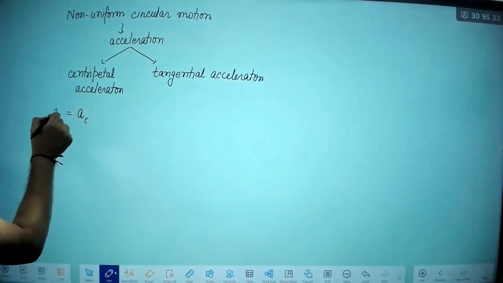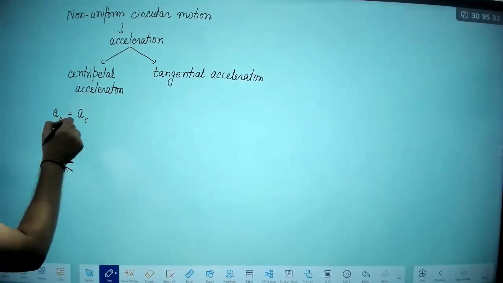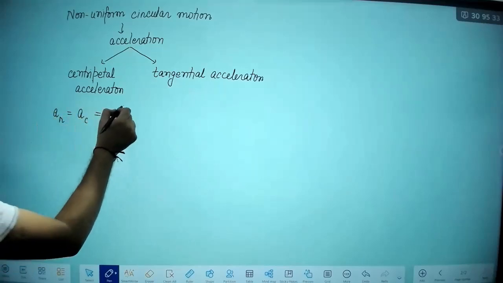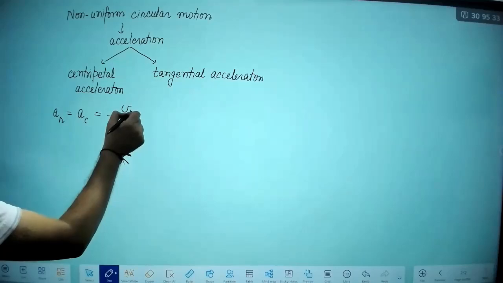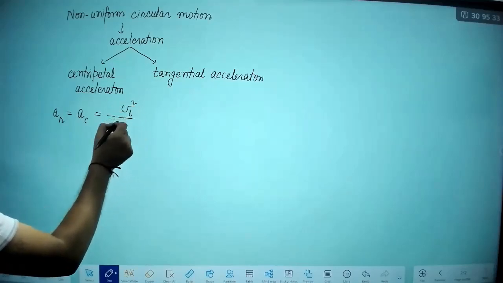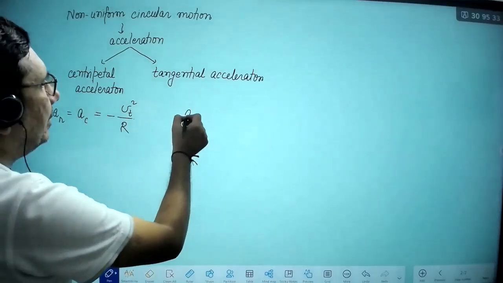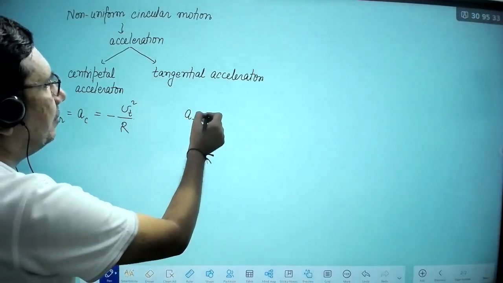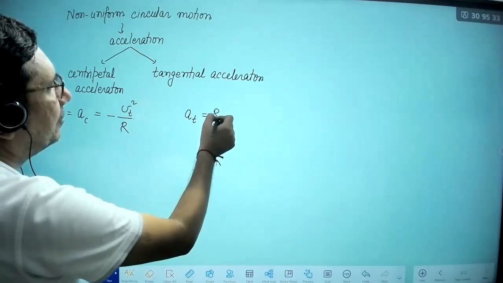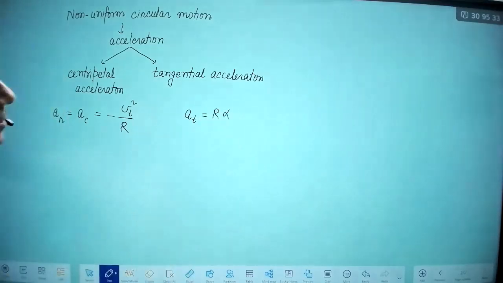So AR is called centripetal acceleration. This is minus, remember, V tangential square upon R. And this will be AT, and how much will it be? That will be R times alpha.